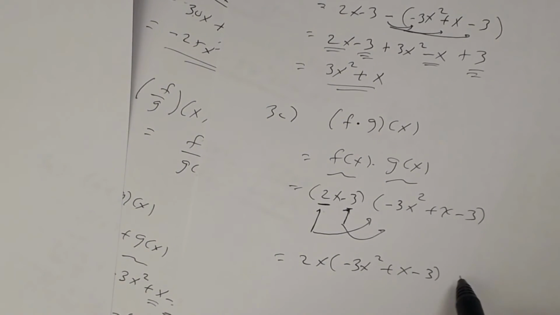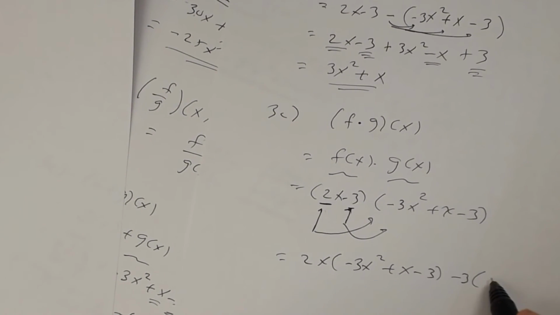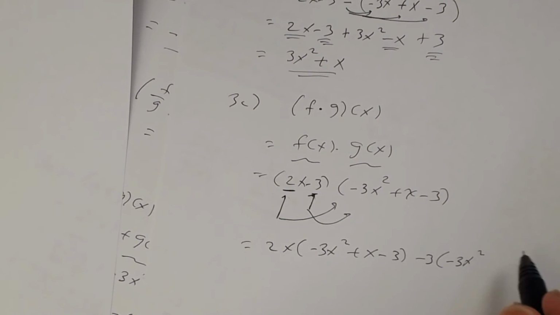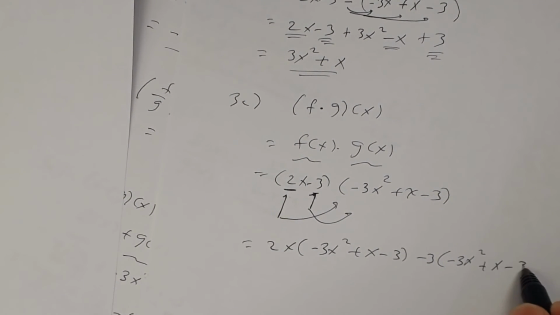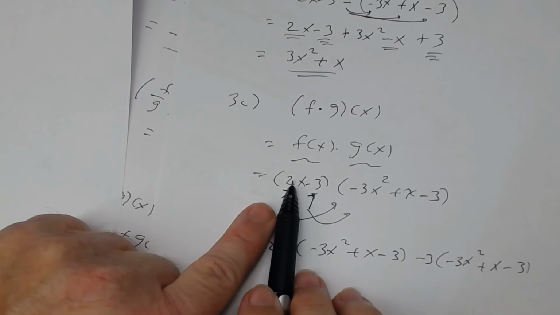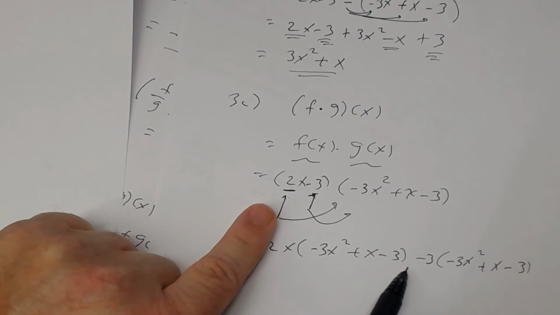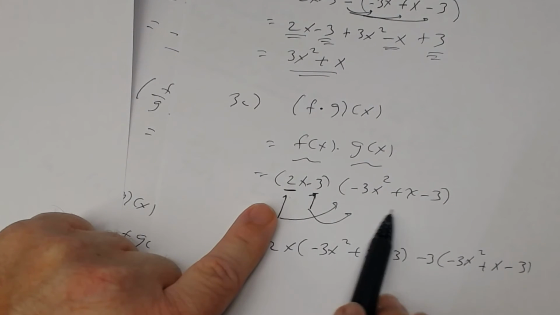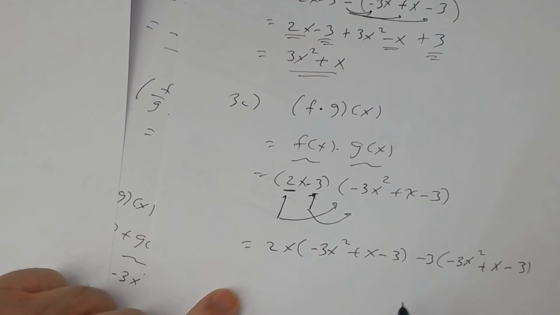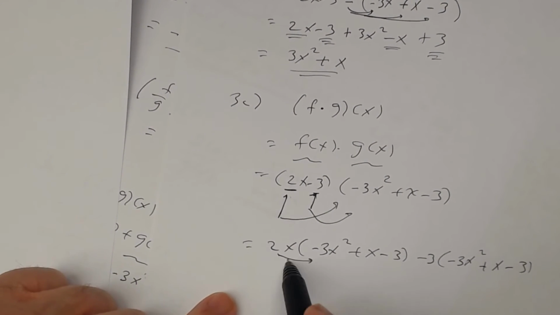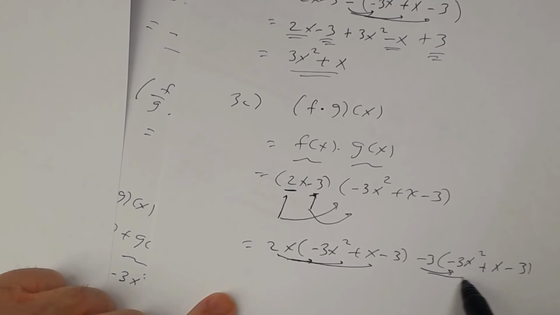And then minus 3 times the second one as well, negative 3x squared plus x minus 3. So again, the first term times the polynomial, and the second term, negative 3, times the polynomial. Now distribute this, and distribute this.